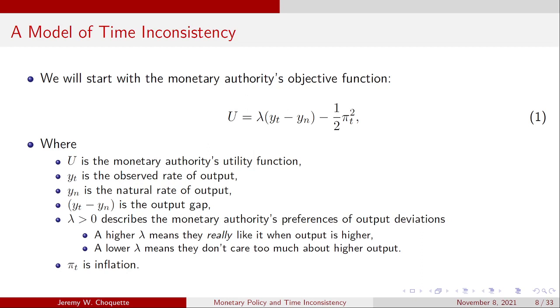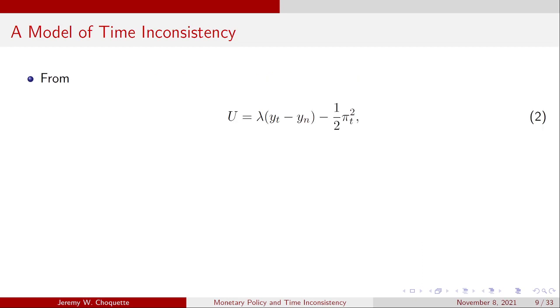Therefore, positive deviations from the natural rate of output increase utility, but high positive rates of inflation will reduce the monetary authority's utility. Why? Because they don't really like inflation that much.